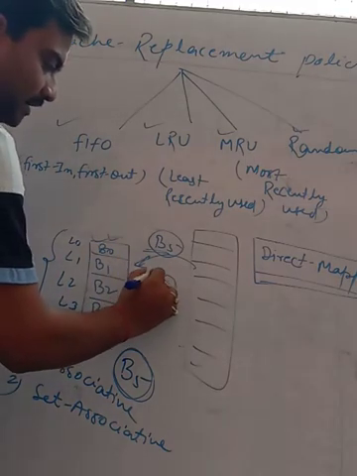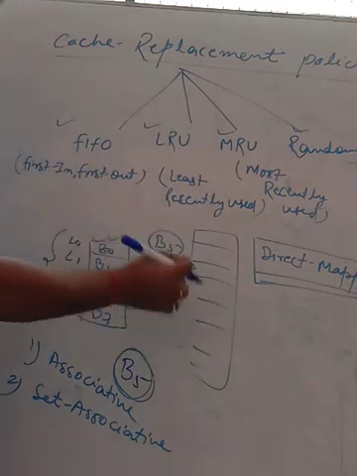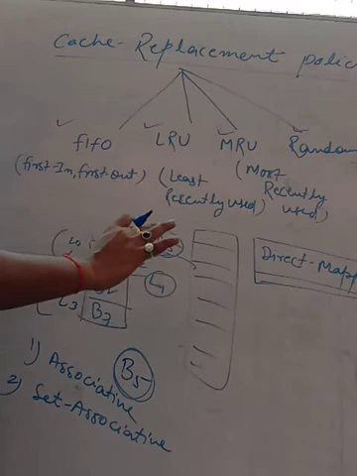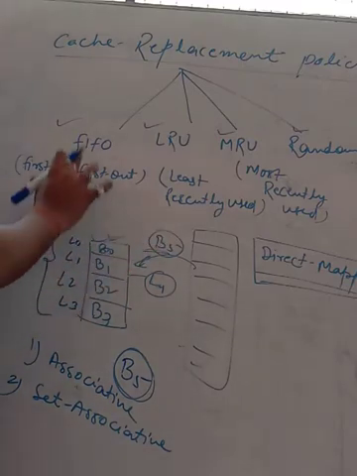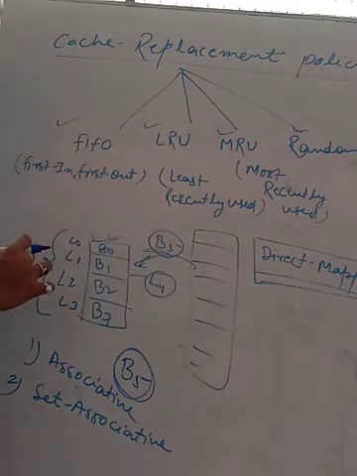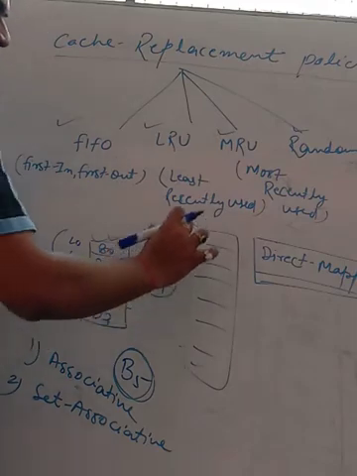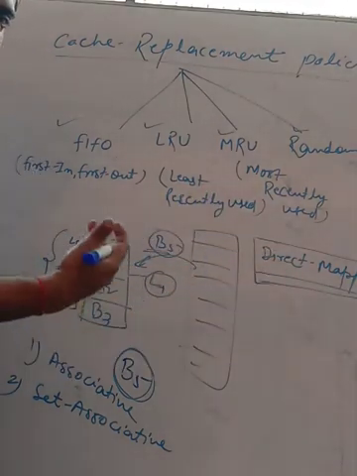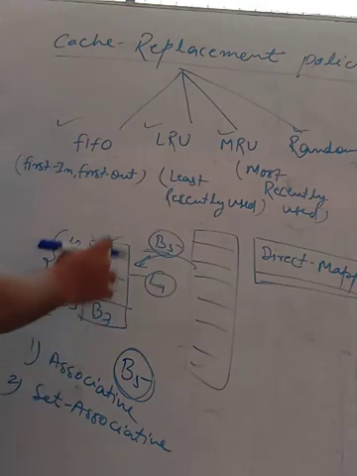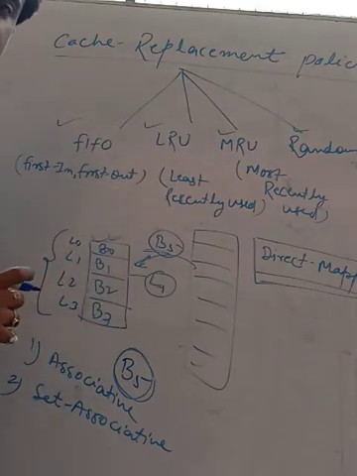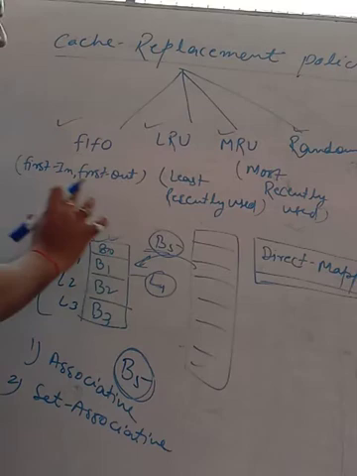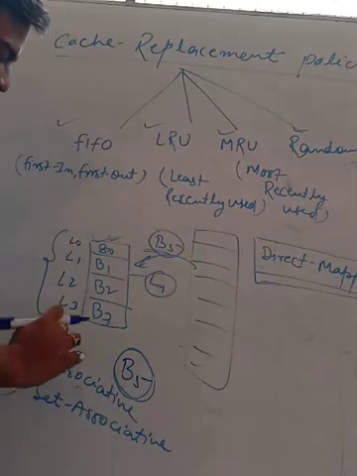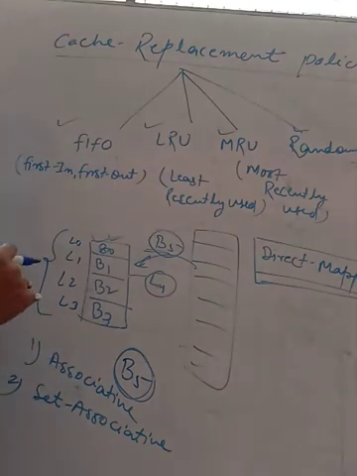Only if line L1 is vacant can we replace B1 with B5. No other case is applicable here. So cache replacement policies are not applicable in direct mapping, as it is a fixed allocation scheme. They can be applied over associative mapping and set associative mapping.